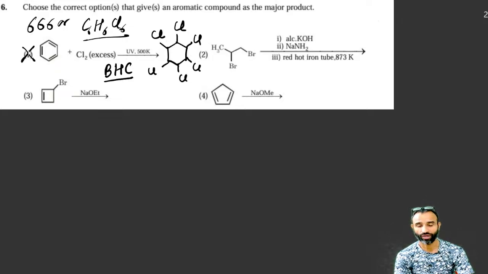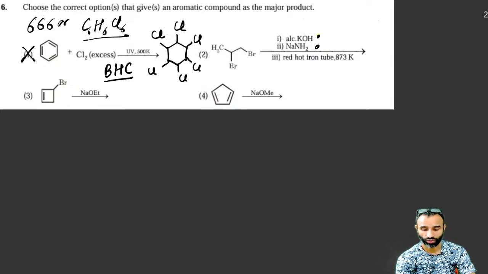Now second one. I have already told you that alcoholic KOH will remove the first HBr. There is dehydrohalogenation, but if NaNH2 is present, that will remove even vinylic halide.